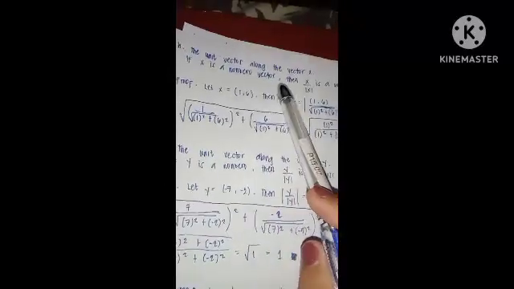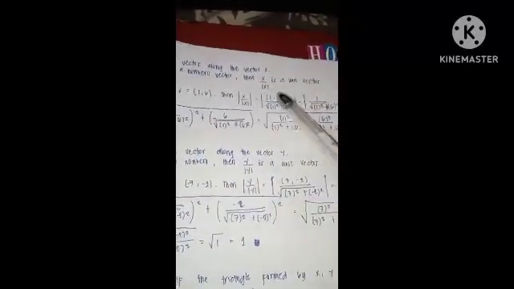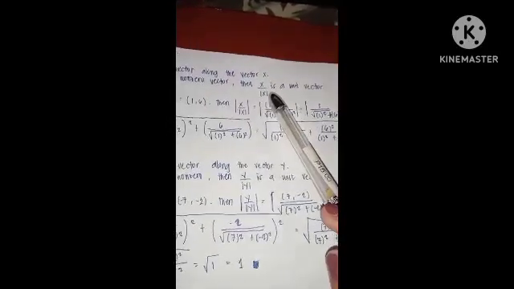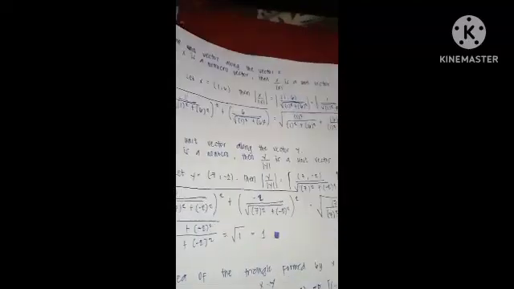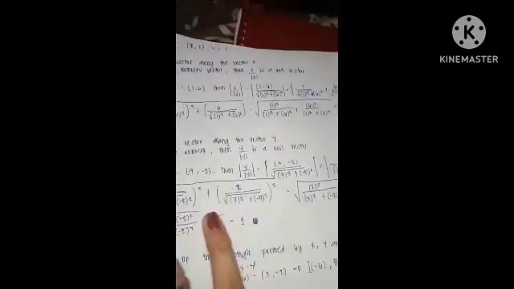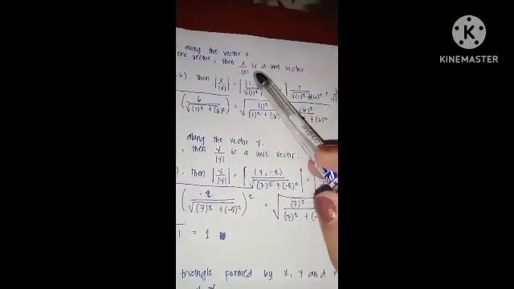So here, letter H is the unit vector along the vector x. If x is a non-zero vector, then x over the absolute value of x is a unit vector. So atong i-prove dire na ang value of x and absolute value of x is ma-equal to 1 siya.